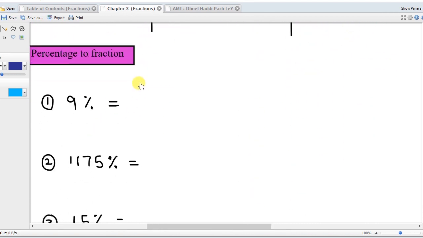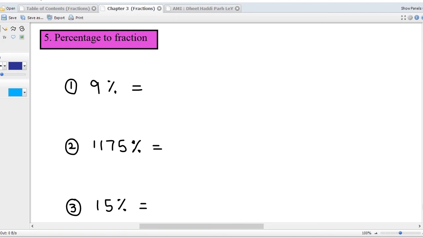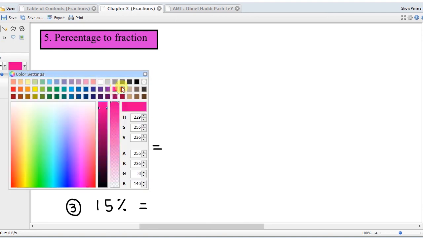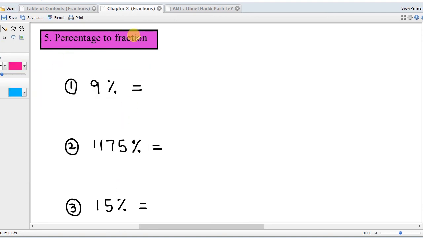Okay, let's move on to our next section. Now we are going to learn how to convert percentage into fraction and percentage into decimal. Since this is 9% and we have to convert it into the fraction, write 9, and percent means what? Per means divide, and cent means 100.